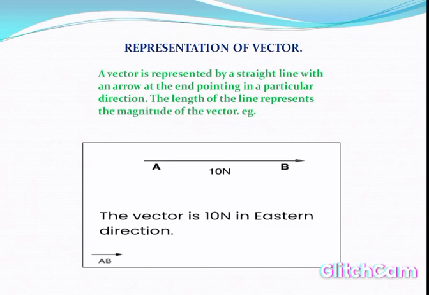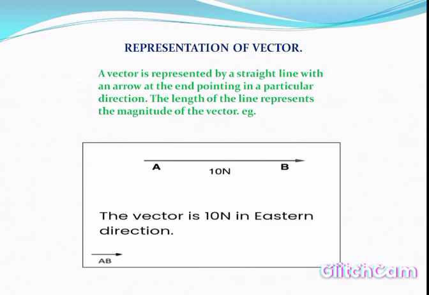Vector representation. A vector is represented in both magnitude and direction by a straight line with an arrowhead at one end of the straight line showing the direction of the vector. Now the length of the line represents the magnitude of the vector, while the arrowhead represents the direction or sense of the vector.